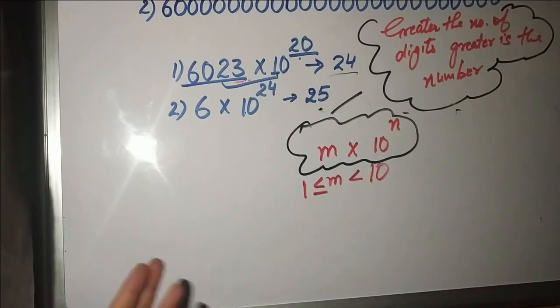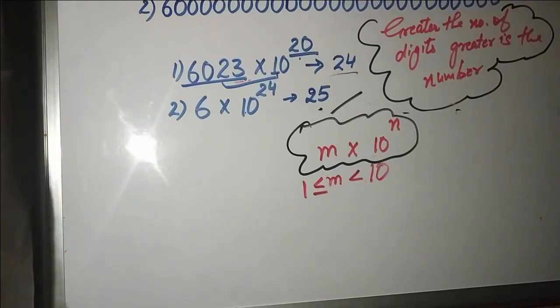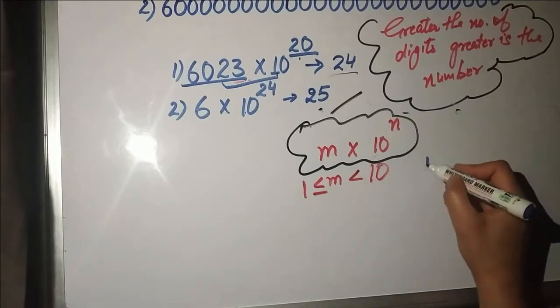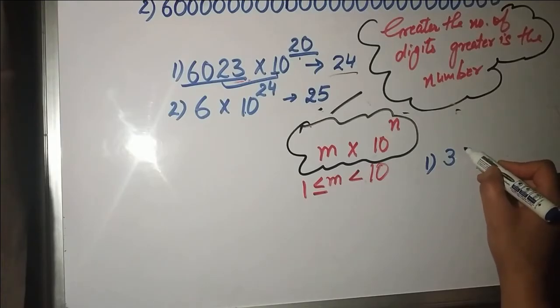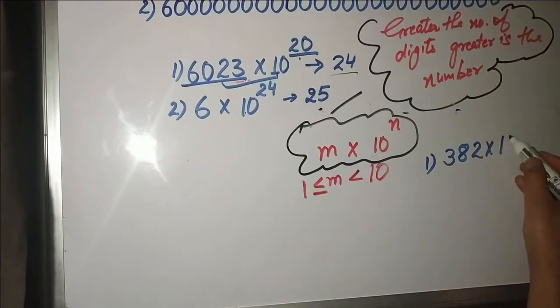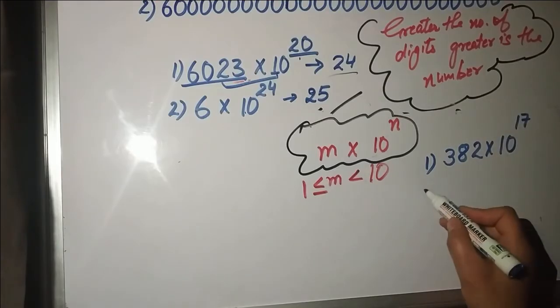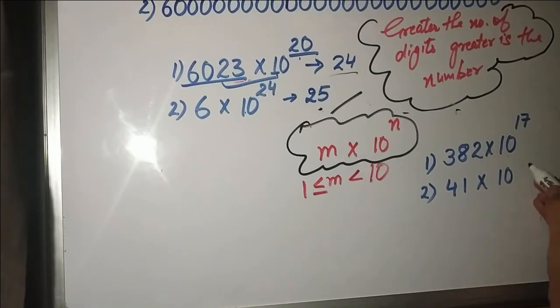Now you must be thinking, why am I telling you all of this? Before I give you the reason, let's compare one more pair of numbers. Suppose one number is 382 into 10 raised to power 17, and the second number is 41 into 10 raised to power 18.